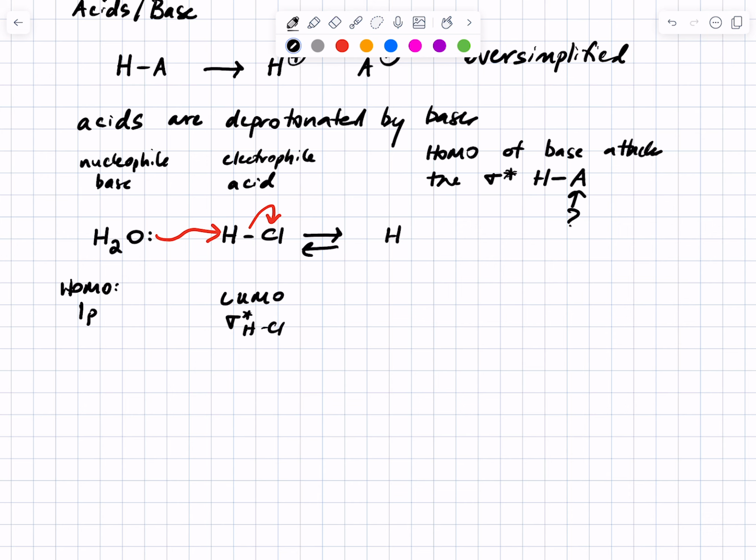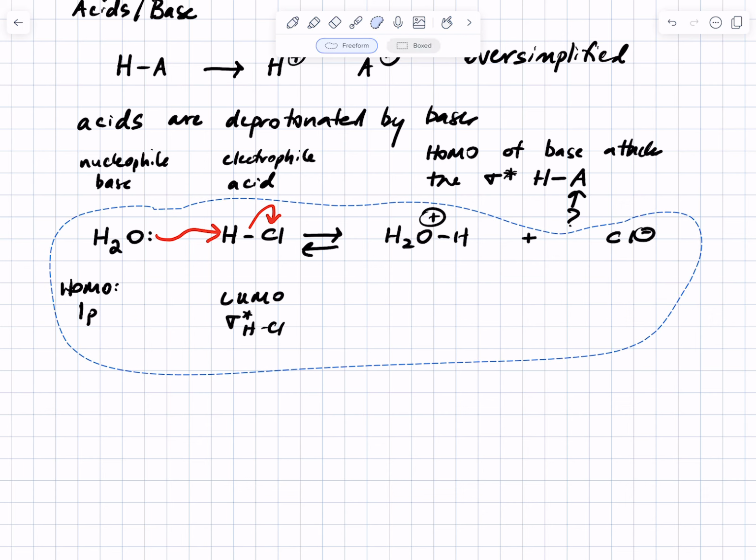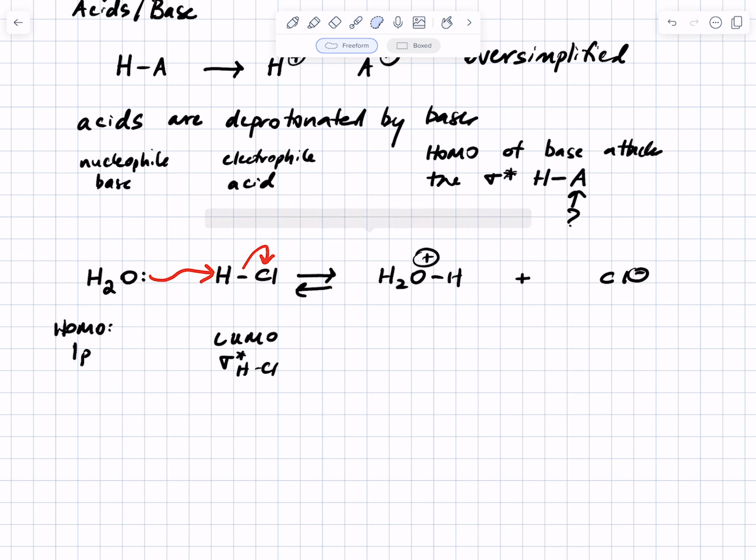And what we end up with is H3O plus and Cl minus. Okay? That's an acid-base equilibrium reaction. You always have something acting as a base that deprotonates the acid.